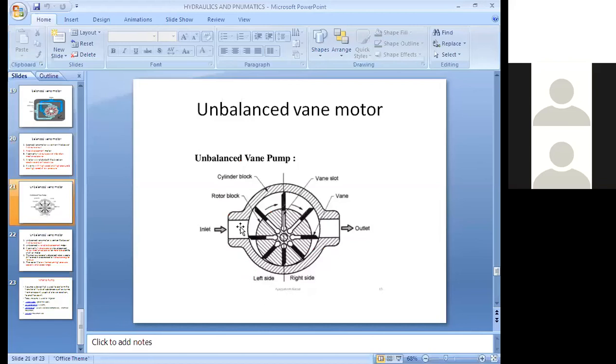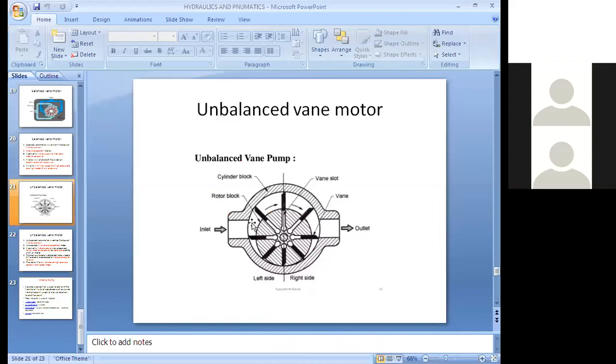There is no chance for it to go to the bottom portion of the rotor block, because there is direct contact between the rotor and the cylinder block. The vane is attached here, so the inlet fluid enters directly between these two vanes only, and does not come below the rotor block.